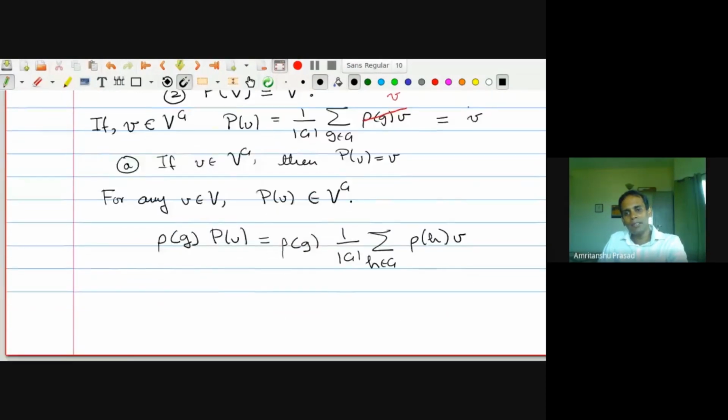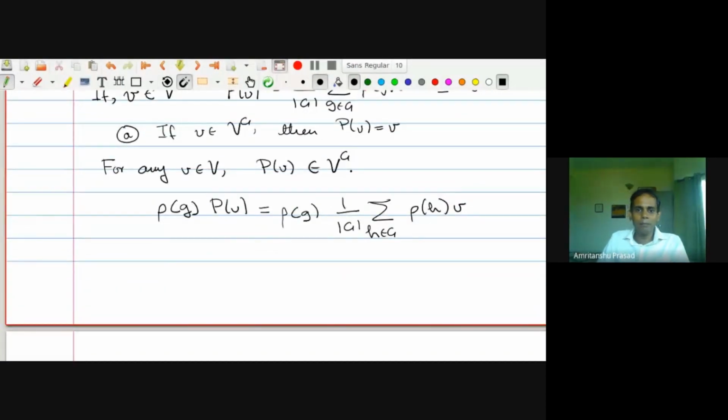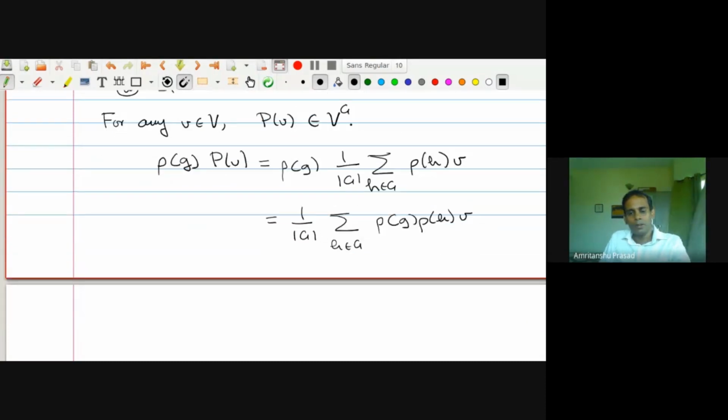These are linear transformations, so I can bring this inside and I get 1 over |G| summation h belongs to G rho(g) rho(h) times v. Then I'll use the property of a representation that rho(g) times rho(h) is rho(gh), so I can take that inside the rho.